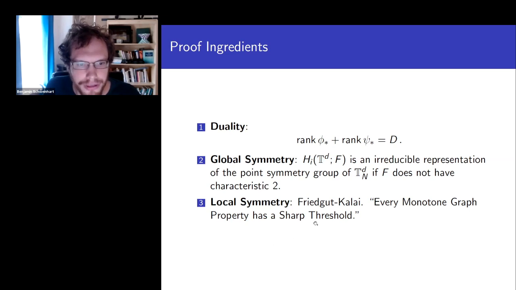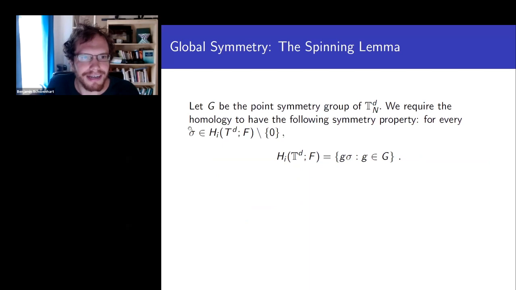And then our third local symmetry is going to be the local symmetry on the level of the plaquettes, that we have a transitive group action on them by the total symmetry group of the torus, where we allow translations as well. So we can map any plaquette to any other plaquette. And that symmetry allows us to apply this theorem of Friedgut-Kalai, which I'll tell you about later as well. So we have 3 different symmetries. Here, let me tell you about the second symmetry now.